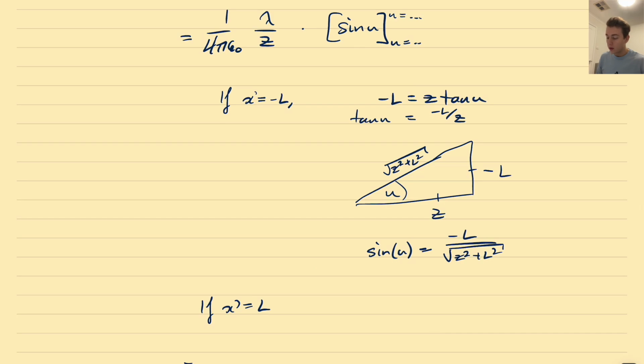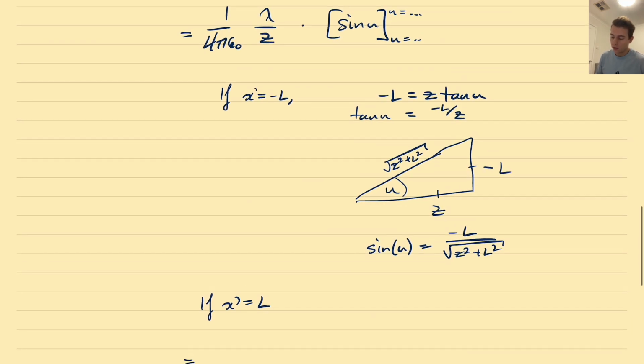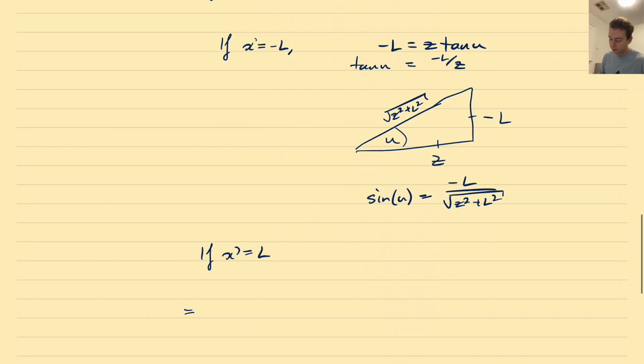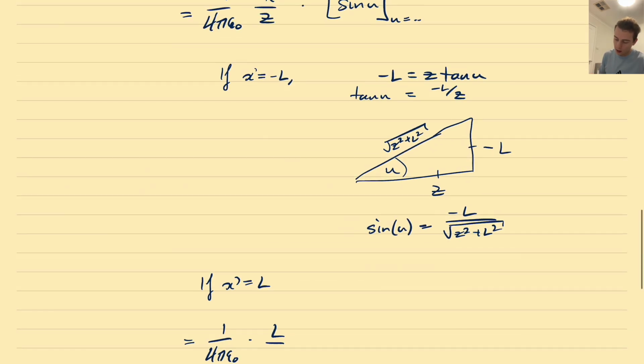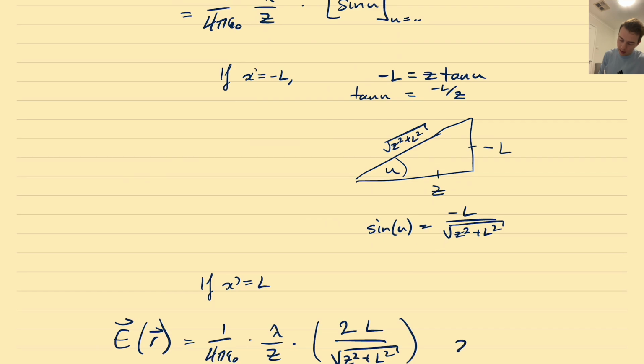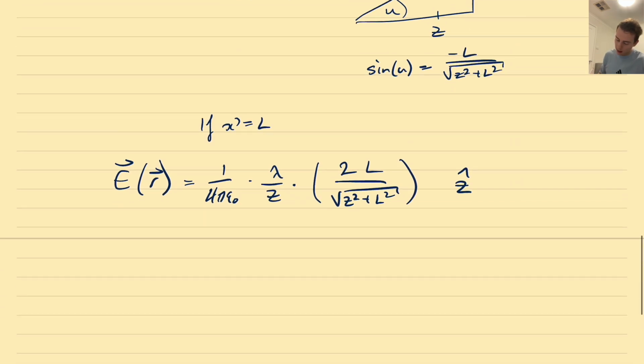But sometimes that's how problem solving goes. You don't know everything the first time around, and you may not notice it. But hopefully you do. So this is going to give me 1 over 4 pi epsilon 0 times lambda over z, times the positive one minus the negative one, so it's 2L over square root z squared plus L squared, in the z hat direction.